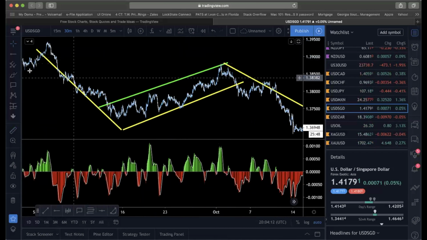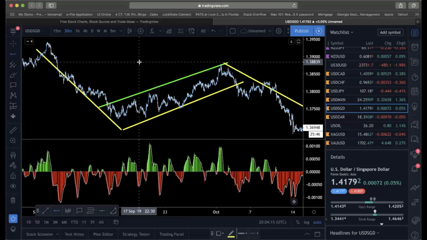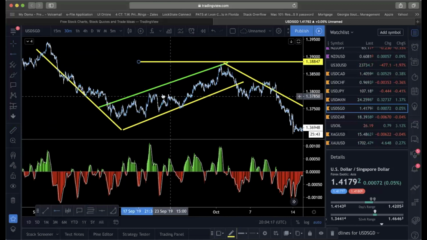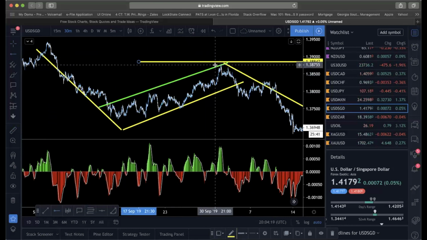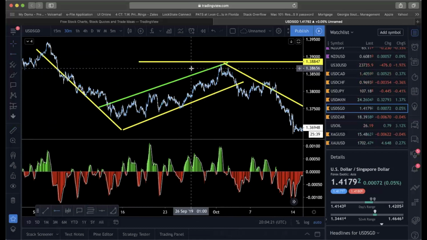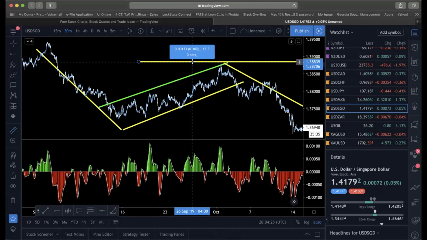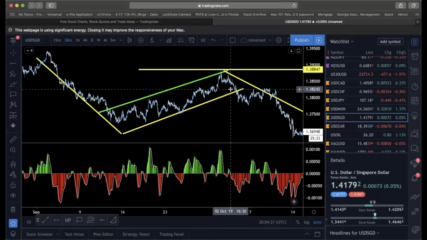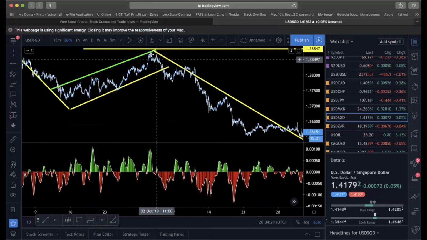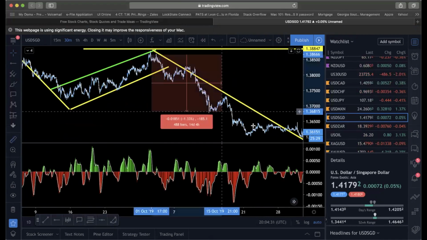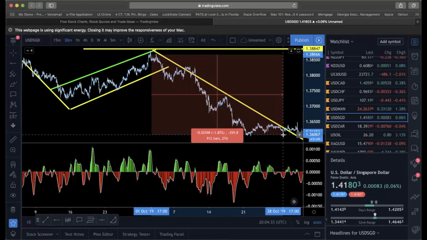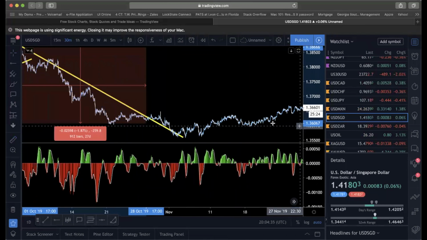Stop loss would have been above this previous high right here. Once you got in for your sell, give it a little wiggle room. So I would have risked 15 pips at the most. I probably would have given my stop loss 20 to gain 250, if not more.